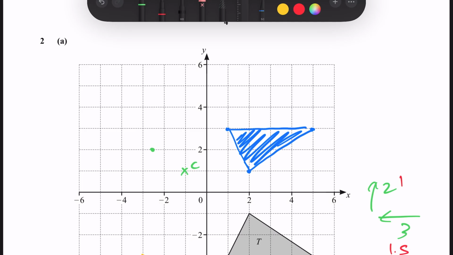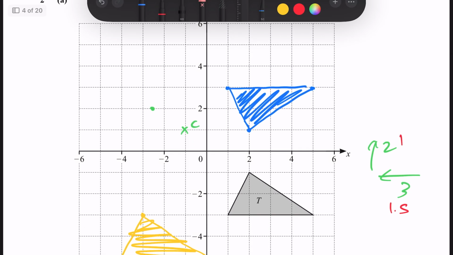If we take this bottom point over here, for instance, the distance between it and the center is 1, 2 to the left and 1, 2, 3, 4 up. So its image would be 2 divided by 2 to the left, which is 1 to the left, and 4 divided by 2 up, which is 2 up. This is the position of our second point.